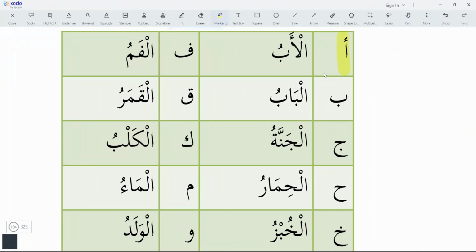Al-abu, the father. And we will pronounce this lam. Al-babu, we will pronounce the lam. Al-babu, the door. Al-jannatu, jannah or garden, we will pronounce the lam. Al-jannah.